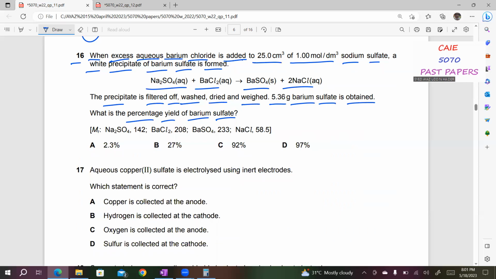Now we are concerned with the mass of sodium sulfate, which is Na2SO4, and barium sulfate, which is BaSO4. So first of all, I will calculate the mass of sodium sulfate. For this, I need to calculate the moles of sodium sulfate from the information. This is the information: 25 centimeter cube of 1 mole per dm cube sodium sulfate, which means 1000 centimeter cube contains 1 mole.